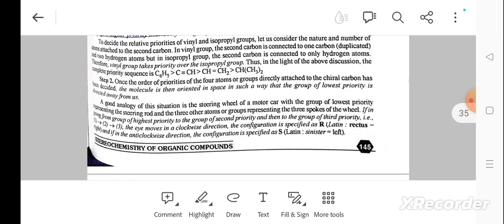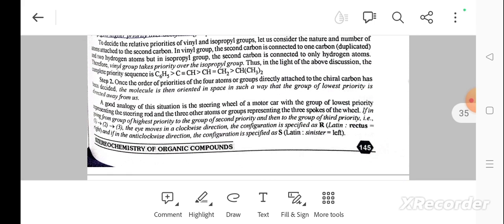To decide the relative priority of the vinyl and isopropyl groups, let us consider the nature and number of atoms attached to the second carbon. In the vinyl group, the second carbon is connected to one duplicated carbon and two hydrogen atoms. But in the isopropyl group, the second carbon is connected to three hydrogen atoms.